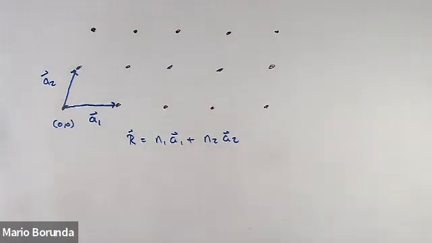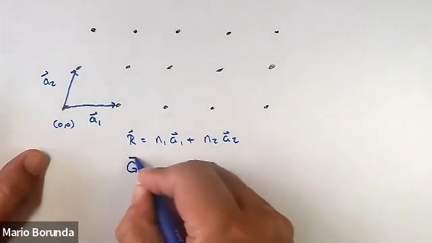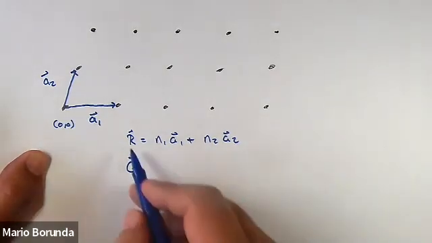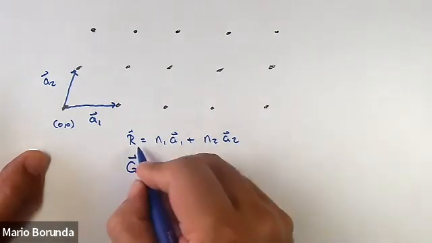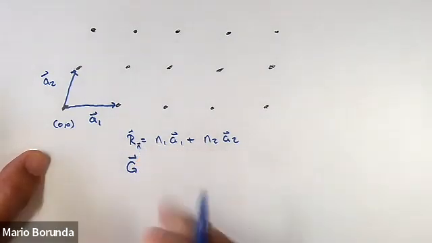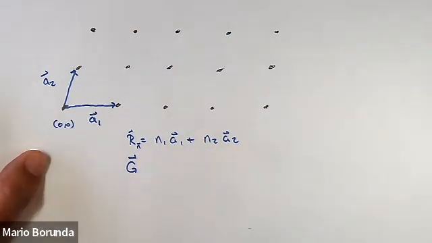Okay, so what I want to do now is I'm going to have G vectors, and here I would put a little n vector that corresponds to n1 and n2. Those are my two integers.